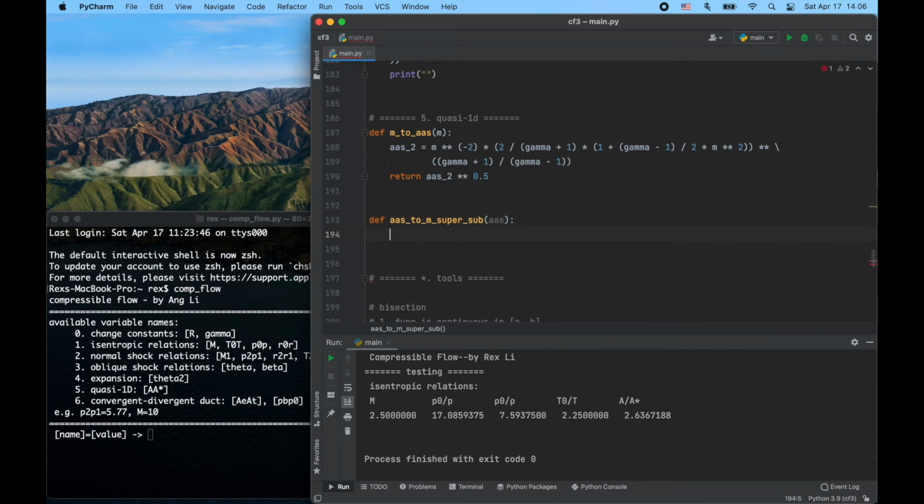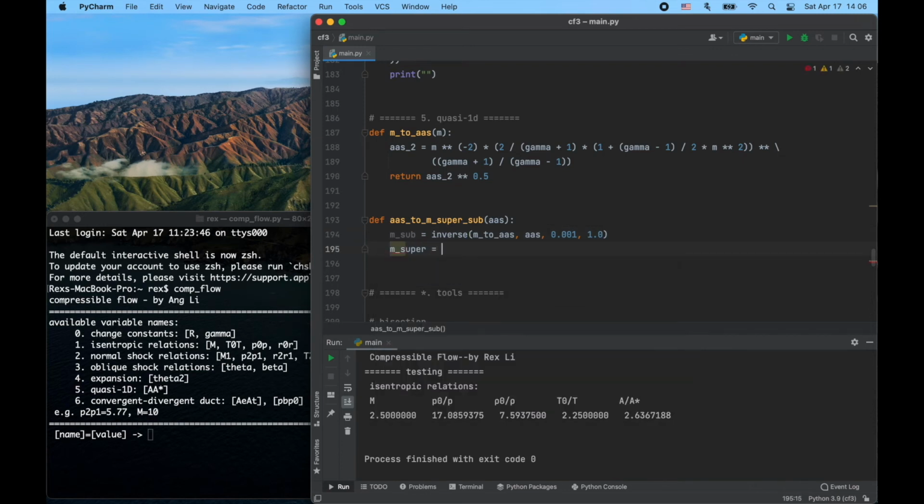We are searching from a small number to the sonic solution, to 1.0. For supersonic, these are the same, except we are searching for the solution from 1 to a really large number.